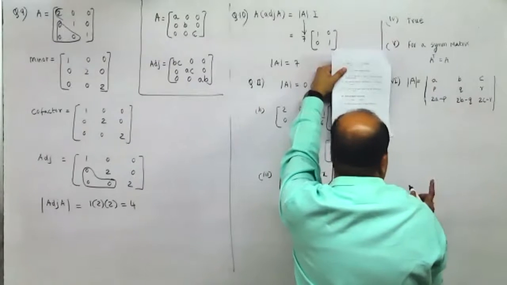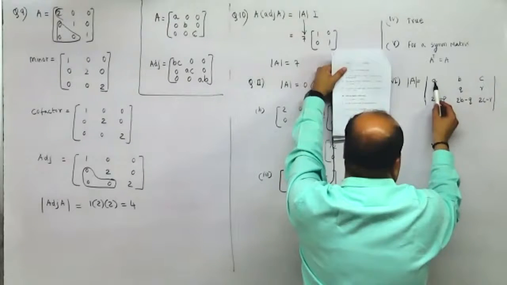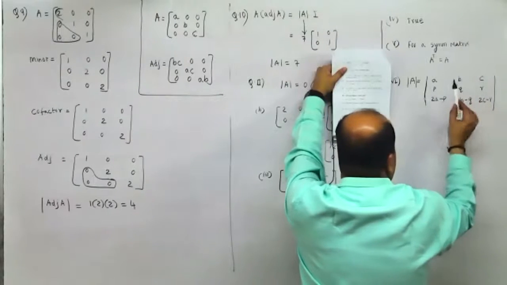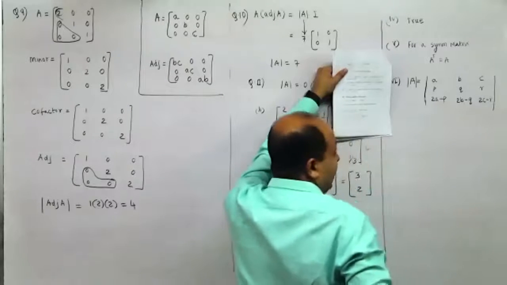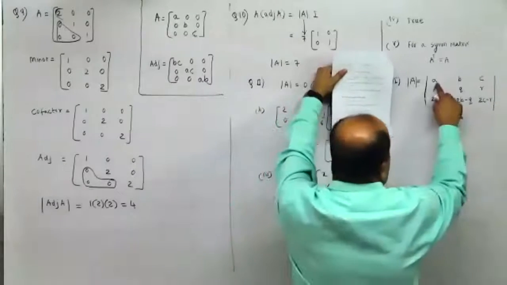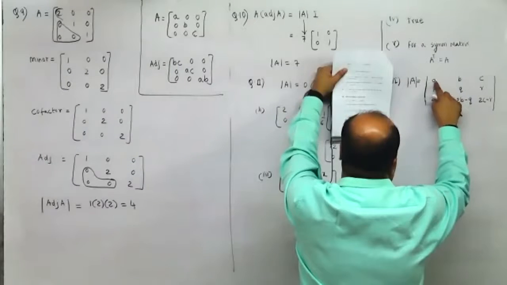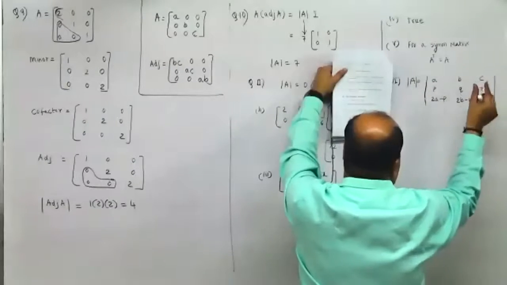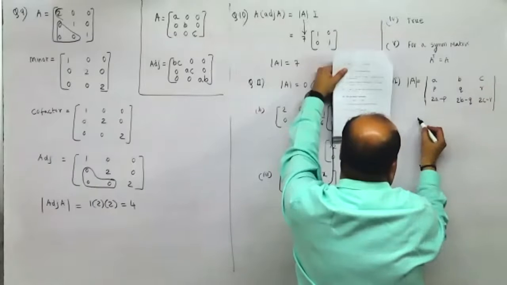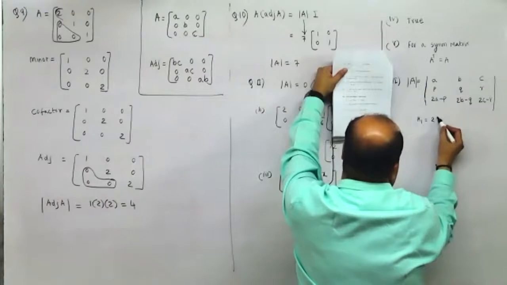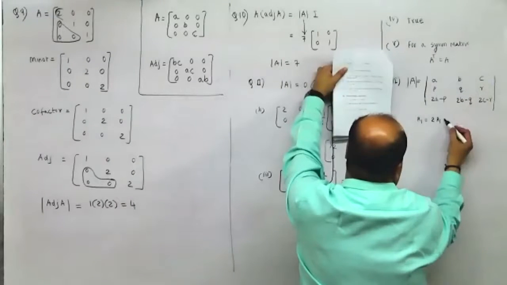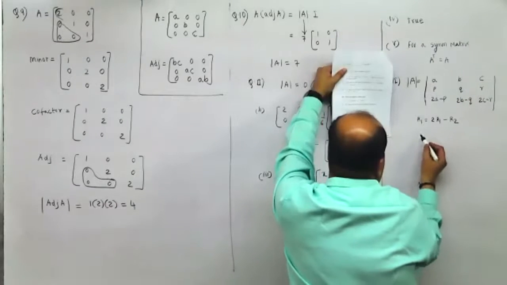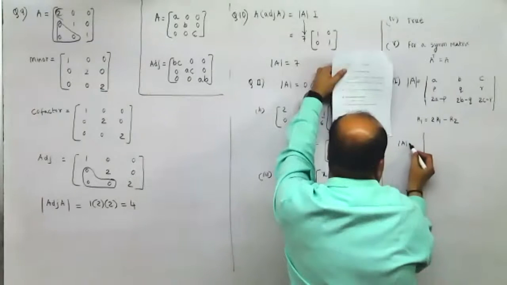How do you find the determinant value of A? Now if I multiply any row with any number, then the determinant value remains the same if I take that reciprocal outside. Or else I can say if I take product of any row with a number, here I take R1 equal to twice of R1, 2 times of R1, and then I subtract R2 from it, then the determinant value remains the same.